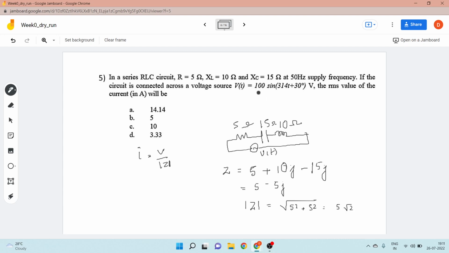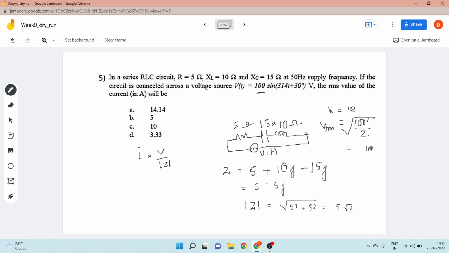Now the voltage source is given here. So this 100 is the value of V0, right? So V RMS, since the average of sine square is 1 by 2, will be V0 by root 2.